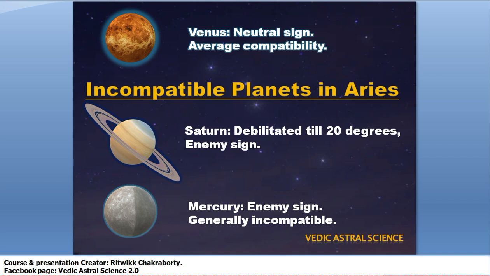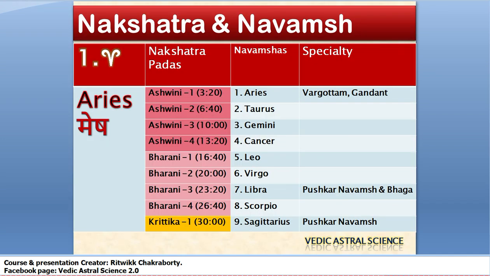Venus gives good results from 3 degrees 20 minutes to 6 degrees 40 minutes of Aries. And let me change the slide friends so you will understand why I am saying that. So this segment of 3 degrees 20 minutes to 6 degrees 40 minutes of Aries belongs to Ashwini Nakshatra second Pada, and which is the Taurus Navamsa.